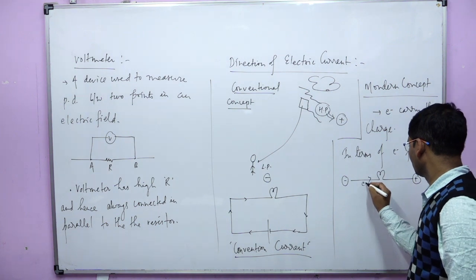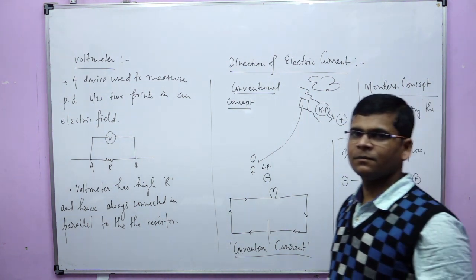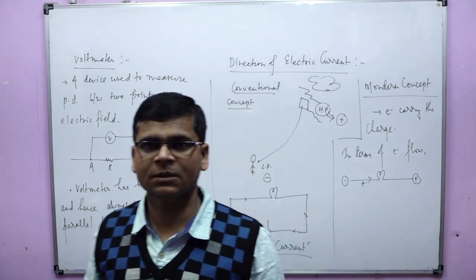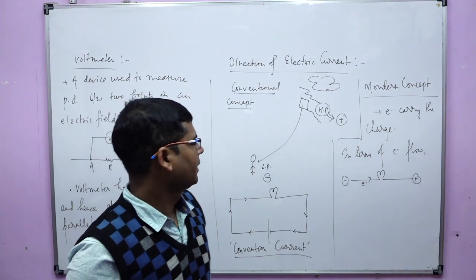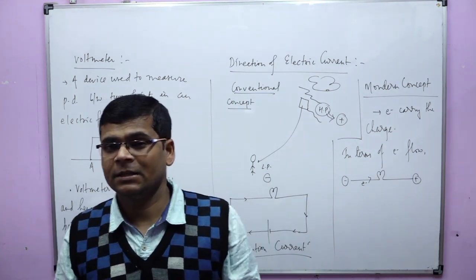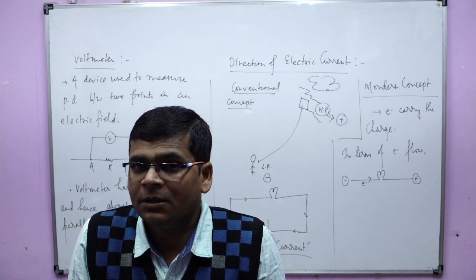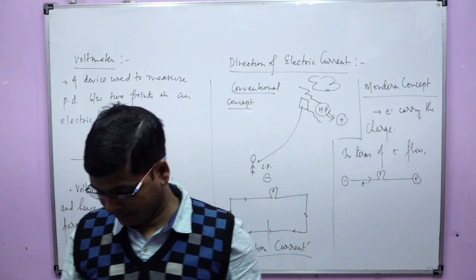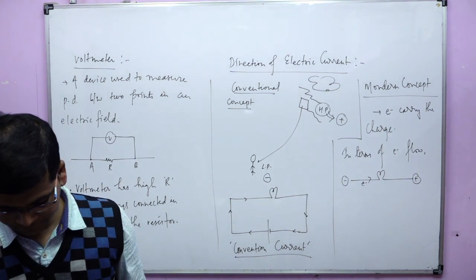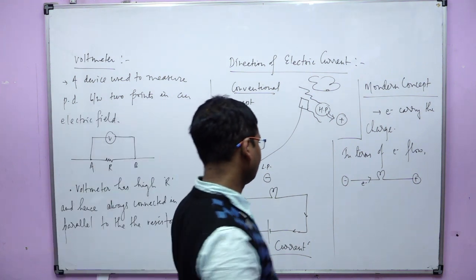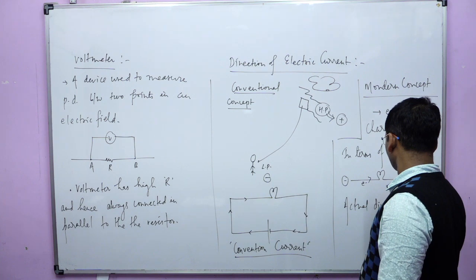So this is direction of current in terms of flow of electrons. Therefore, this is modern concept where we say electrons carry the charge, so the direction of current should be negative to positive. Or we can say that this is actual direction of current.